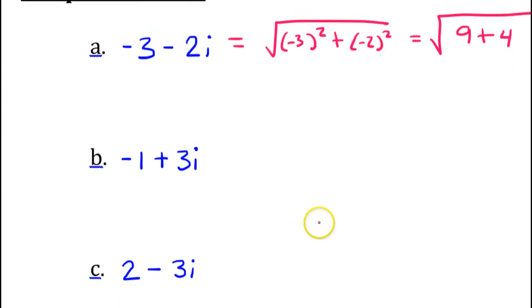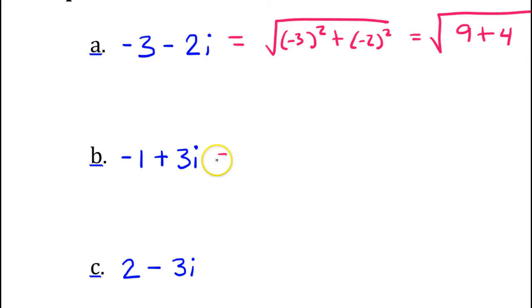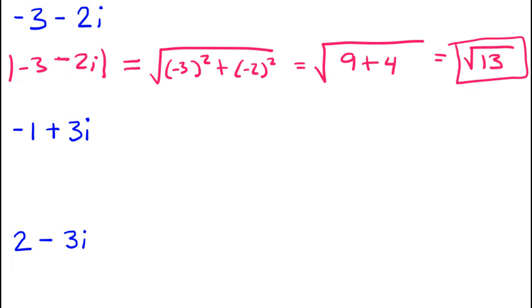Okay. Similarly for part B. Well, you know what? I shouldn't have just put an equal sign. The absolute value of -3 minus 2i is equal to all of this. That's better.